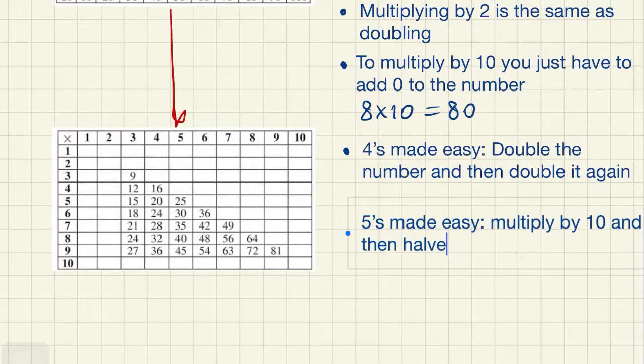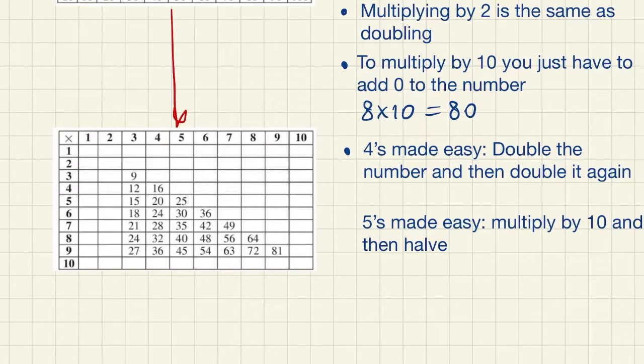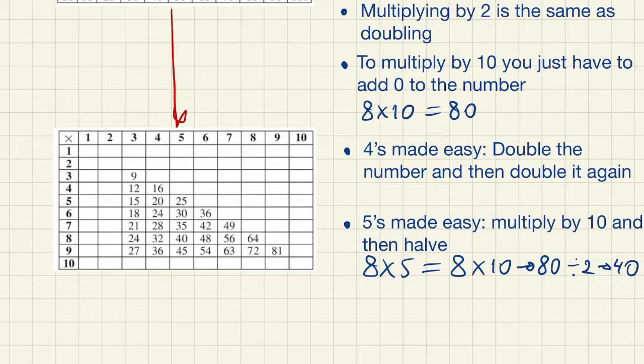And for this one, I'll give you an example. If you want to do 8 times 5, it's the same as 8 times 10, which is 80, and then divided by 2, which is 40. So we don't have to remember anything about 5.